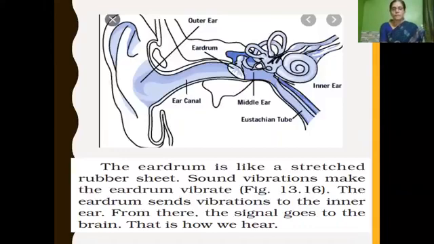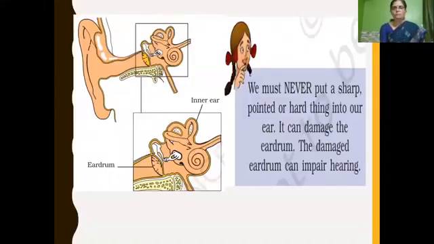Whenever sound enters through our outer ear, it passes through the ear canal and makes the eardrum vibrate. This vibration of the eardrum travels to the inner ear, and then from there the signal goes to the brain. So this way we hear sound.